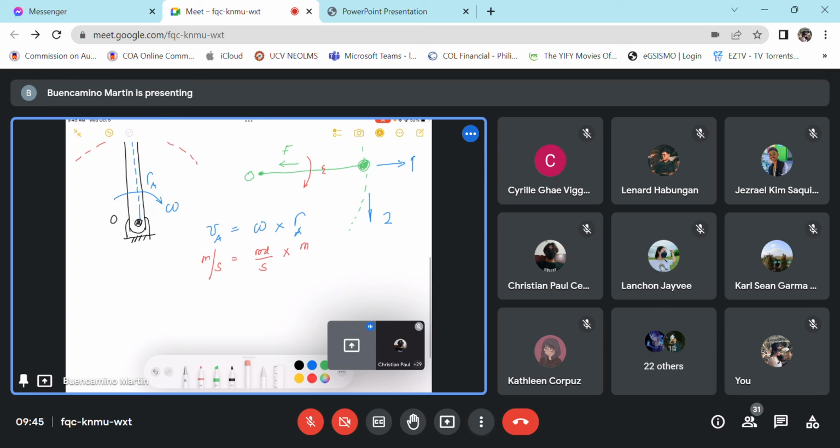Now, sometime in the past, while I was having this similar lecture with my students, somebody among the class had this kind of issue: sir, paano ba naging meters per second yan?